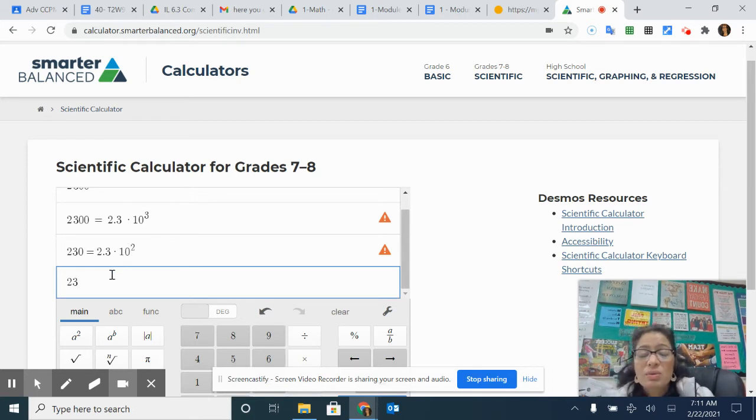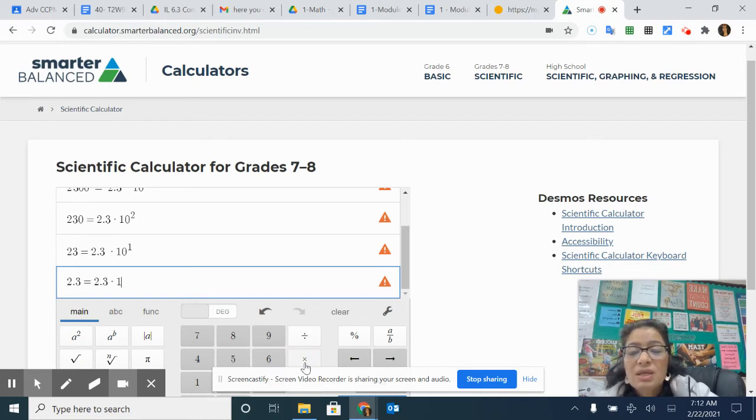Now, if I just put 23, and then I put equals, that's going to be 2.3 times 10 to the power of what? Well, I only moved it once, right? It was right after the 2, so the exponent is going to be 1. What will happen if I have 2.3? That would be 2.3 times 10 to the power of.